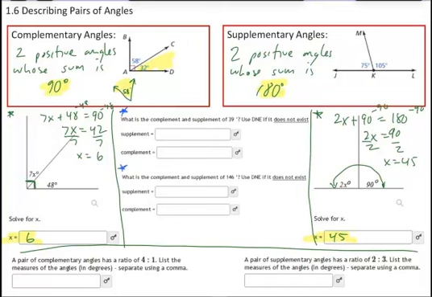Because the complements and supplements have to be positive angles, it is possible that DNE, there does not exist, is what that stands for, and it does need to be all capital letters. If there is no complement or no supplement, go ahead and write DNE as your answer. Once again, you can enter your answer as calculations, which I do encourage you to do. It generally makes for a nice, easy answer entry.